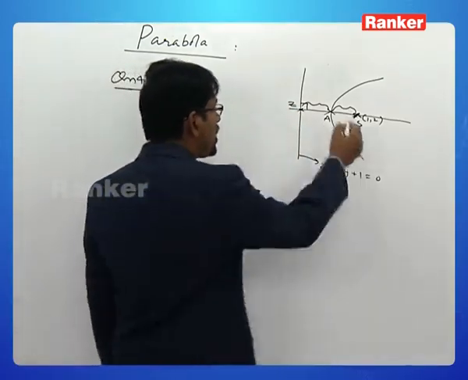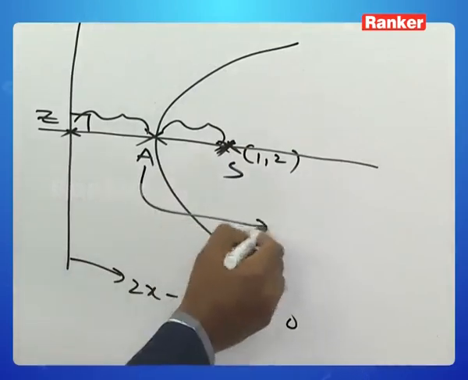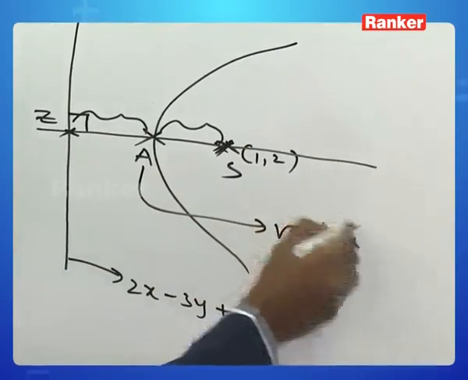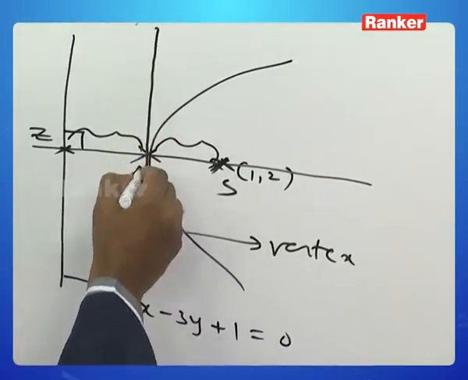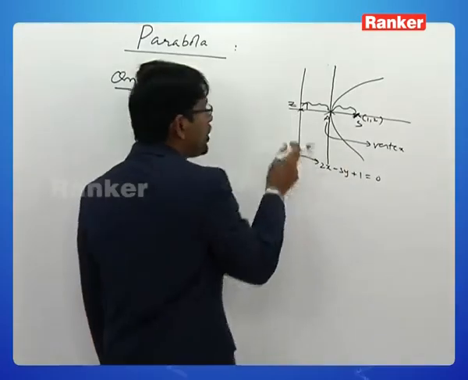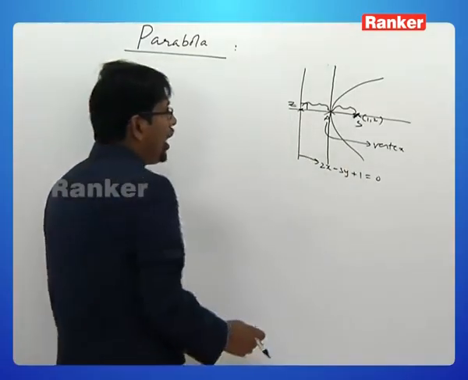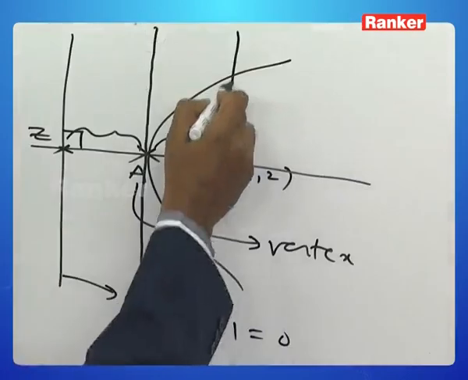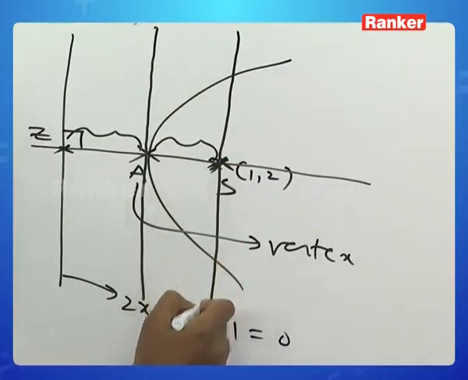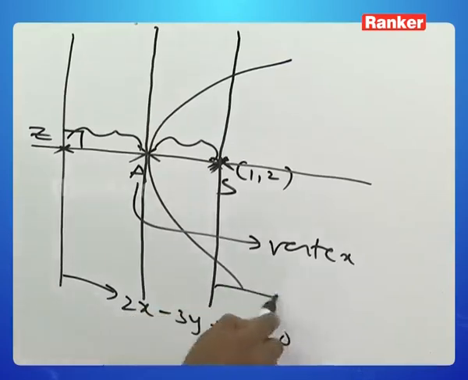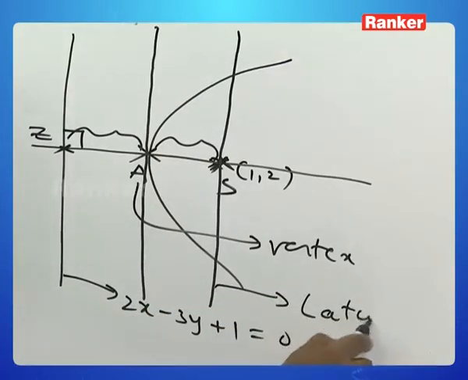Now the tangent at the vertex will be parallel to the directrix, and we can say that it will be midway between the directrix and the latus rectum. This is the latus rectum. What is the latus rectum?